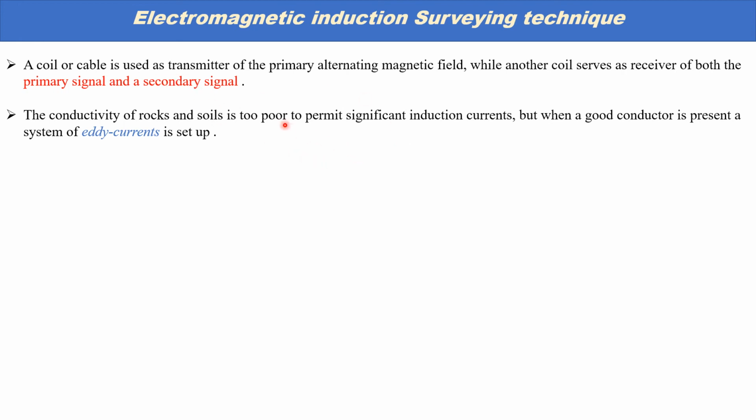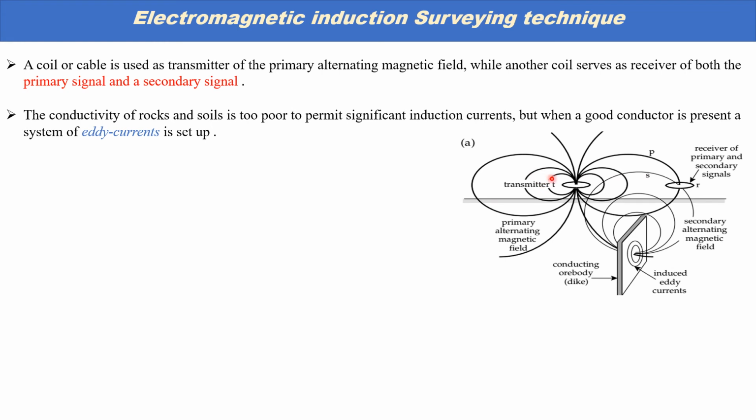Now, if there is no conductor, then the secondary signal will not be induced in the receiver. The conductivity of the rocks and soil, as I showed in the previous slide, is very low, so it will not induce any current. But if a good conductor is present, it will set up an eddy current.